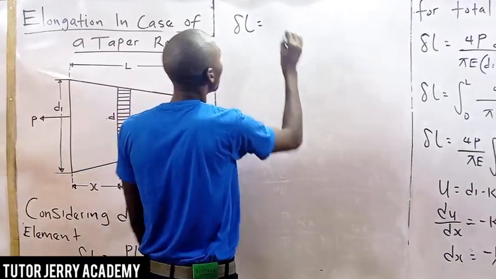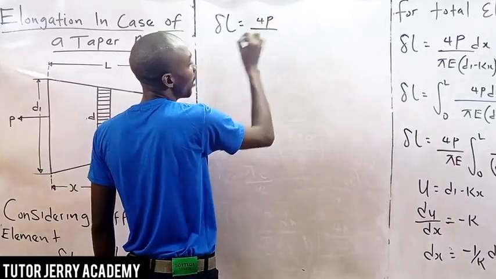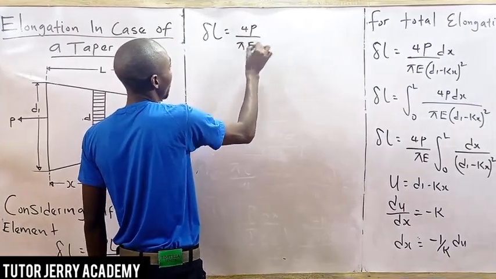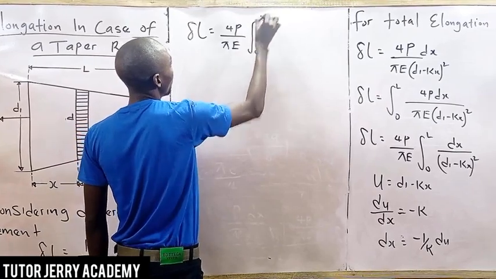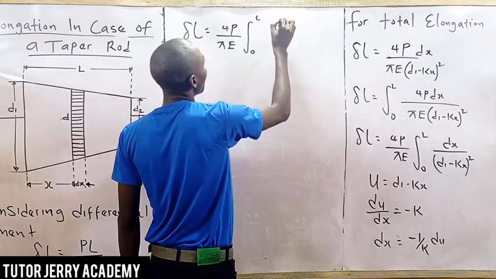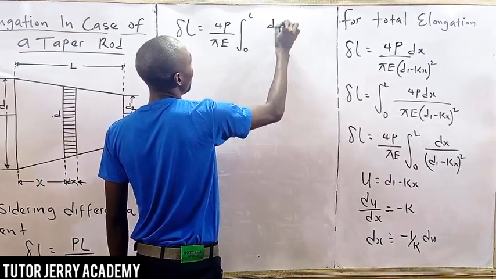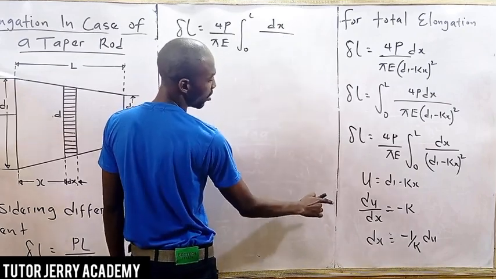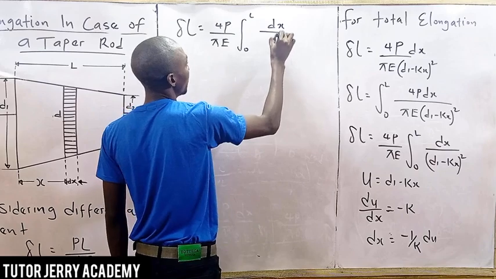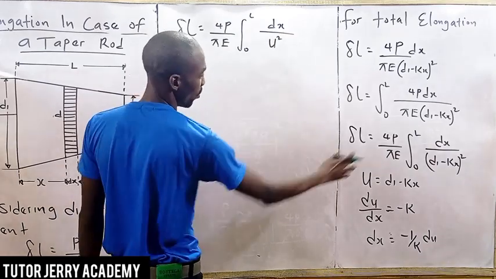We go back there, we are going to have L to be equals to 4p all over pi e, integration from 0 to L. Then we are going to have ds all over u squared, because we already said u will be equals to.